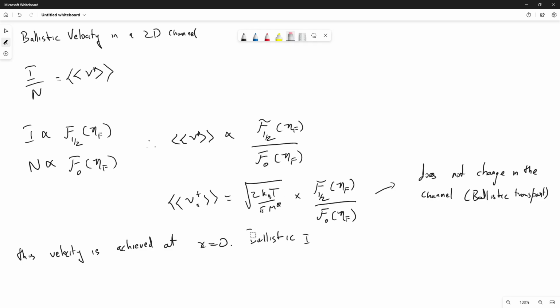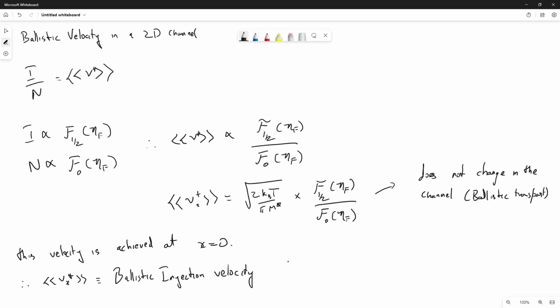So let me just write that in a lower line. This quantity v_x plus is defined as the ballistic injection velocity.